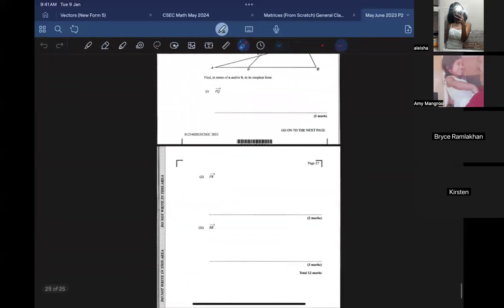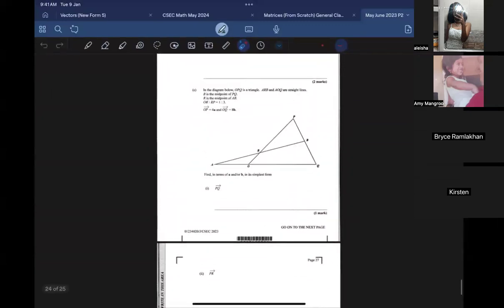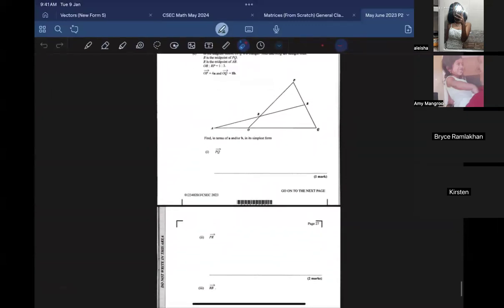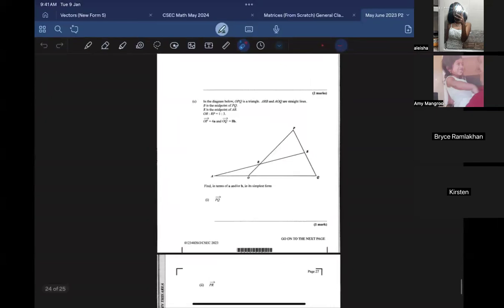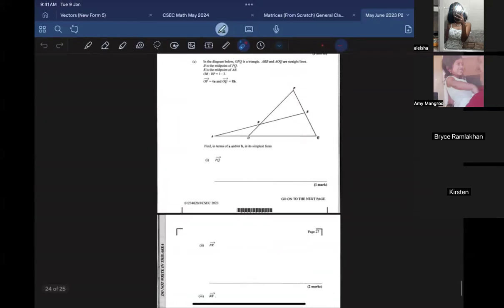Oh, this is a difficult question. Hmm. But I trust my students. I think you all are very intelligent. I think all of you can figure this out.